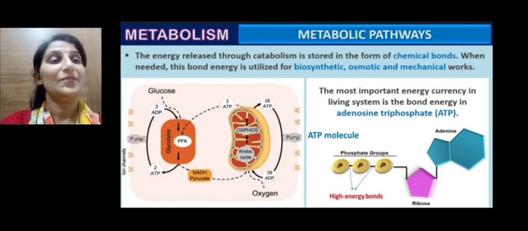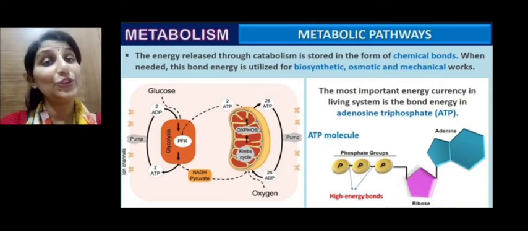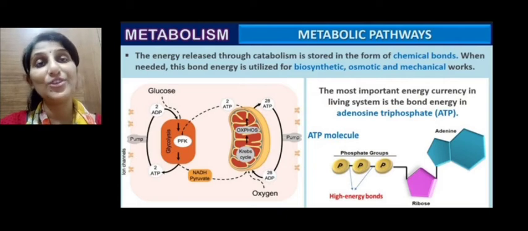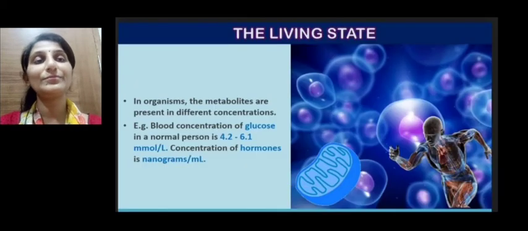Adenine is attached to ribose, which makes it a nucleoside, and when one phosphate is attached, it is a nucleotide, called AMP, adenosine monophosphate. When attached to two phosphates, it becomes adenosine diphosphate, and with three, adenosine triphosphate. This is called the energy currency of the cell.